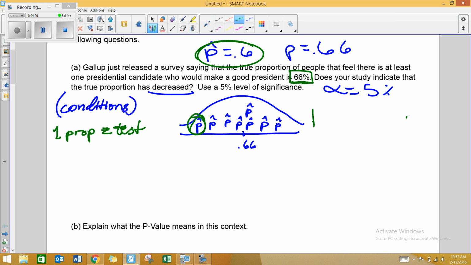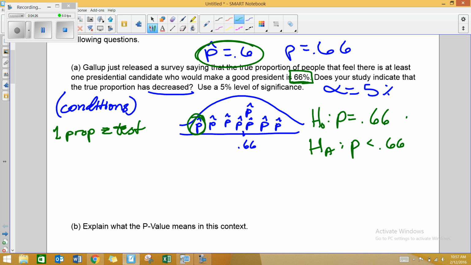So my null, I should have written that down first, sorry about that. My null hypothesis was that p equals 0.66. But I was wondering, is it possible that p has actually gone down, it's decreased?